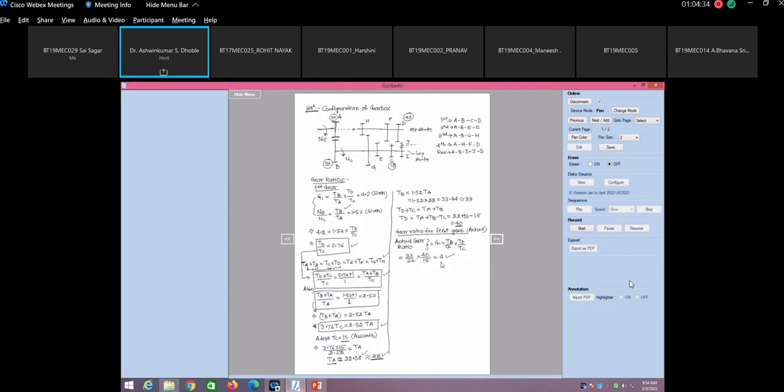Please understand that if you change slightly, if you say that the TC you assume as 16, then TA you assume as 23, then TD you assume, then you calculate, then TB will change, then TD will change. So gear ratio may come nearer to 4.2. So that is what I am trying to tell you, that there is nothing like a right or wrong answer. You have to follow the iterative process.